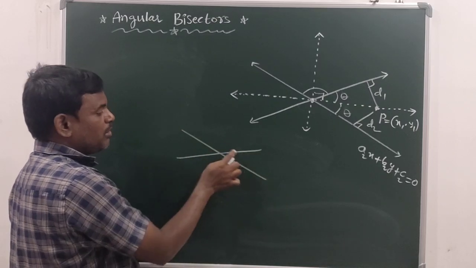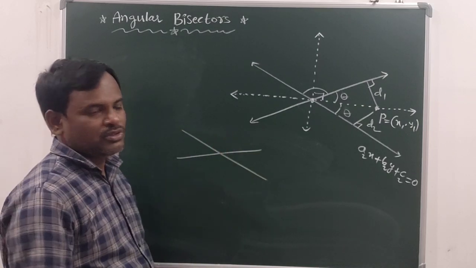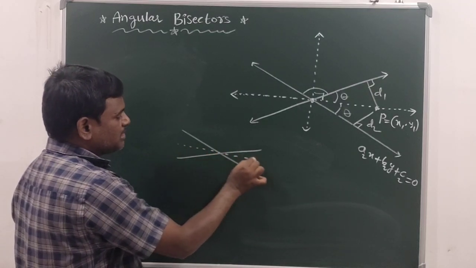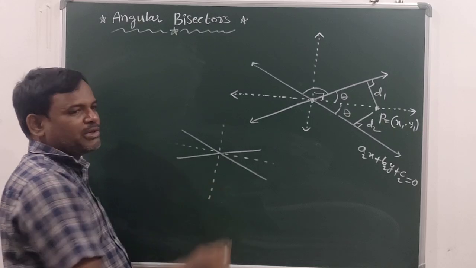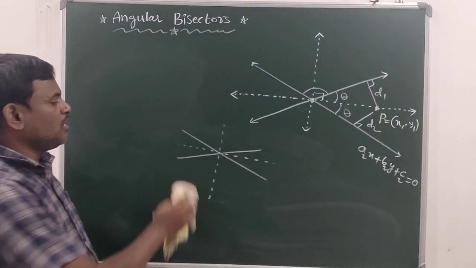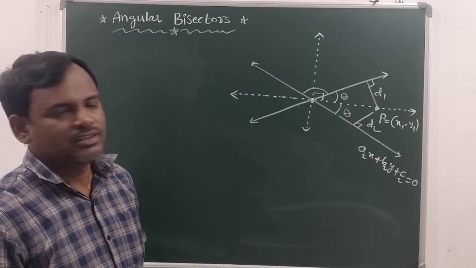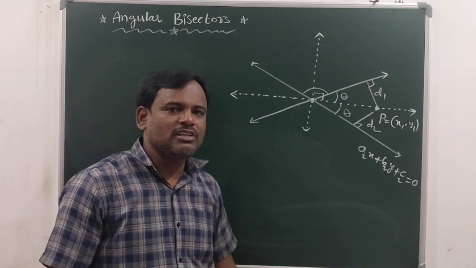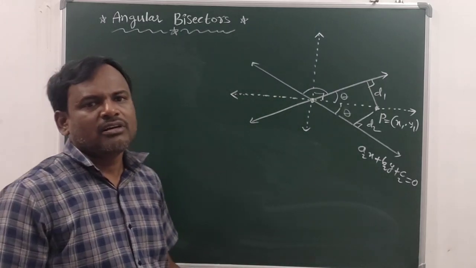So one pair of angles will be acute, one pair of angles will be obtuse. If it is an acute angle, this will be the acute angle bisector. If it is obtuse, then this will be the obtuse angle bisector. Then how do you evaluate which is the acute angle bisector and which is the obtuse angle bisector? This is a rough diagram, just for the sake of explanation I have taken the diagram like that.